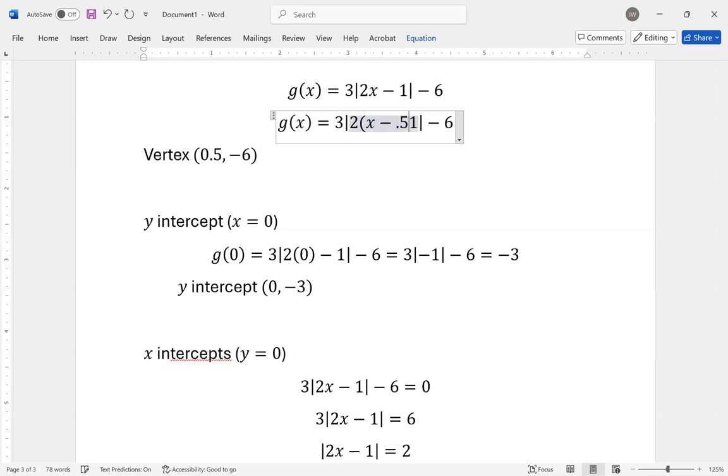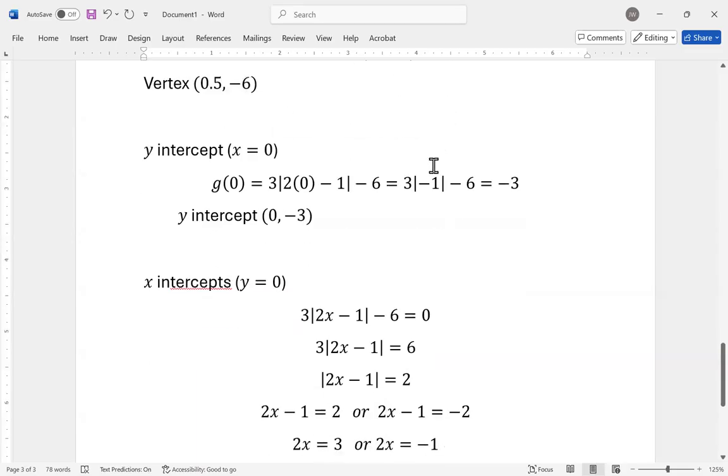If you want to look at it through a shift lens, I'd have to factor out a 2, and I get 2 times the quantity x minus 0.5 and then -6. So that's a shift to the right of 0.5 and a shift down of 6. That's why the vertex looks the way it does.